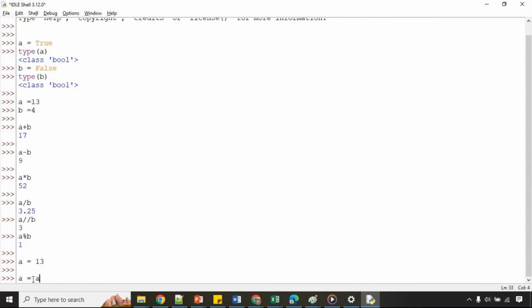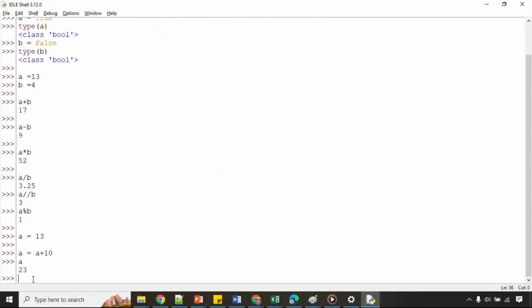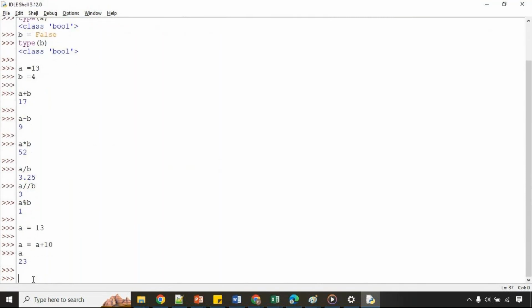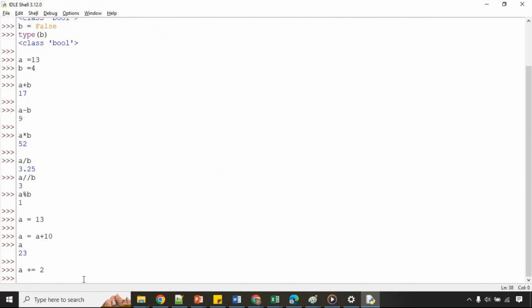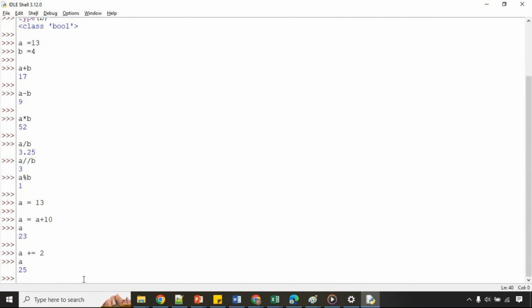I want to increase this one: A equal to A plus 10. Now what is the A value? 23. Now the same thing I can write like this also: A plus equal to 2. A plus equal to 2 means A equal to A plus 2. Now what is the A value? 25.